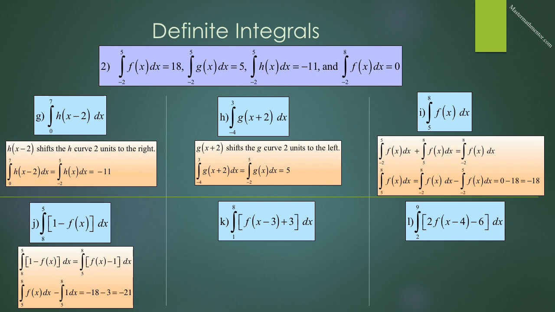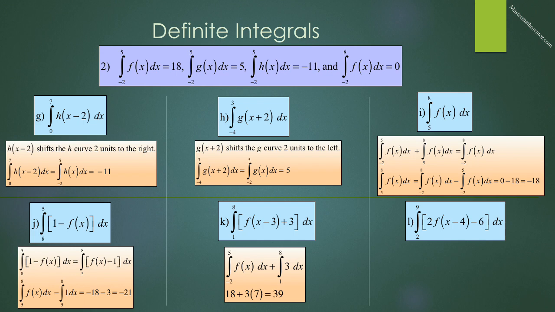We've already calculated the integral from 5 to 8, and we know that that's equal to negative 18. And the integral from 5 to 8 of 1 dx is the area under the curve y equals 1 from 5 to 8, which is simply a rectangle of area 3. So our answer is negative 18 minus 3, which is negative 21.